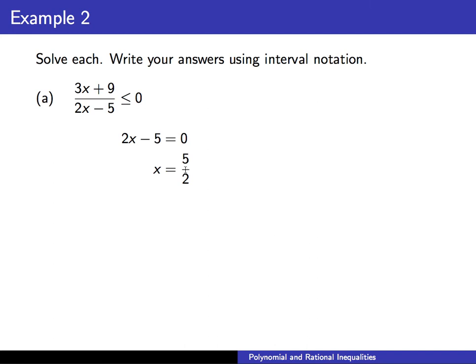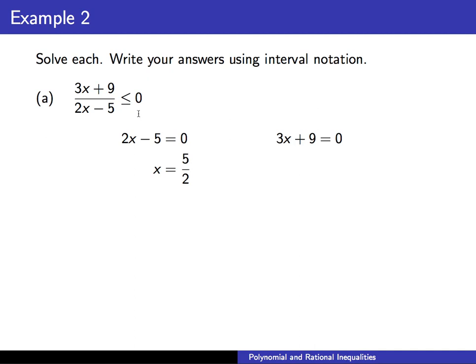Now for the numerator, 3x plus 9, and then we still have it over 2x minus 5. If we set 3x plus 9 over 2x minus 5 equal to 0, we can clear out our fractions by multiplying both sides by 2x minus 5. And if we multiply 0 times 2x minus 5, we get 0. So our numerator, 3x plus 9, would just equal 0.